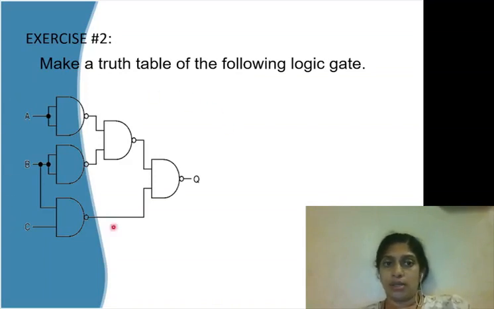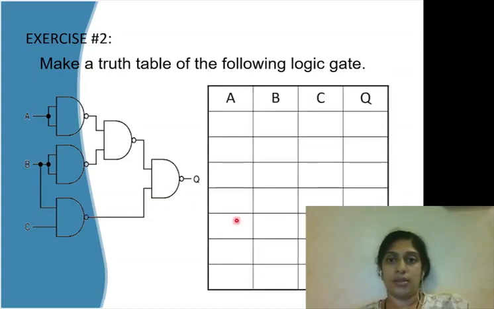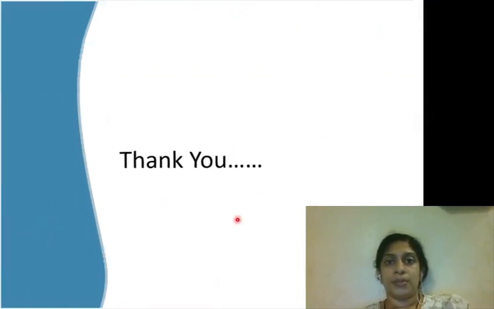Have you taken down this circuit diagram? Okay, I will post the 2 homeworks in your LMS, that is Moodle. You just work out this and create the truth table for these logic circuits, and we will be discussing it in the next class. Okay, girls. Thank you.